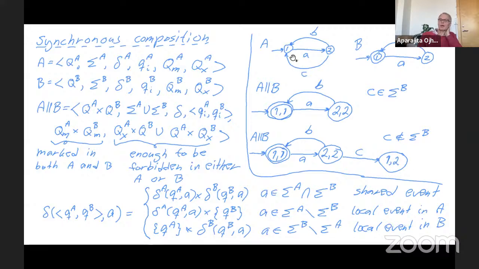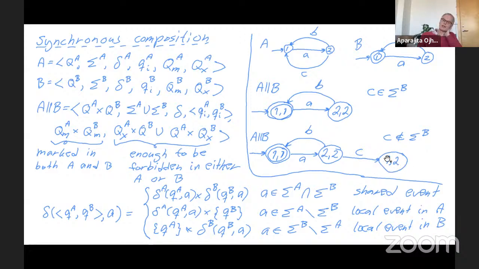And that means that if the A automaton is in state 1 and the B automaton is in state 2, nothing more can happen, because the only thing B can do is this small b event, and the only thing A can do is the a event in its current state 1 and in the current state for B, state 2. So this is a terminal state, but it's not a marked state.